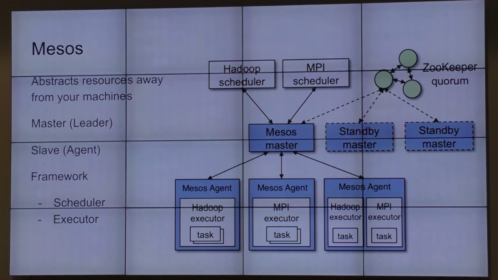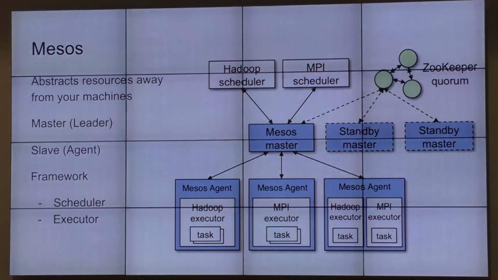This image is overly complicated because here's several Mesos masters, but you can see that only one of them is active. The other two are just standby masters because only one of the masters is working at one time. There's more of them only because of redundancy, so that there's no single point of failure in the Mesos master.